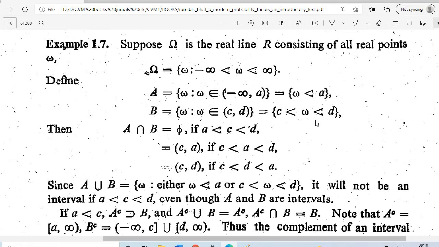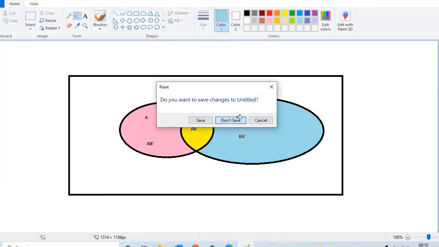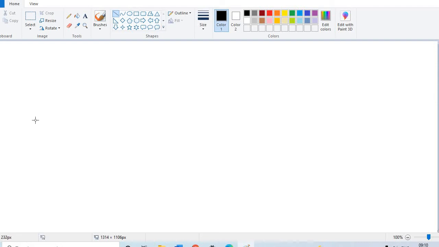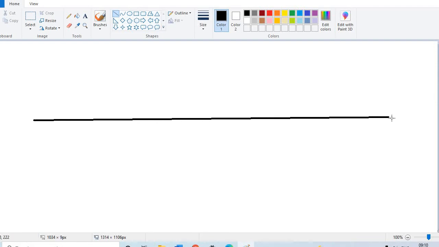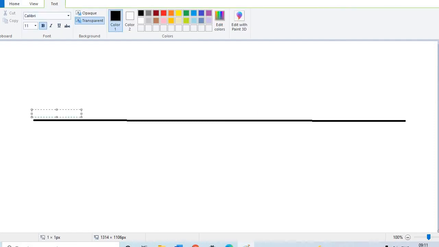Okay, now consider some subsets. A is nothing but the set of omega such that omega belongs to minus infinity to a. So I will draw that figure. What we discuss today are fundamental things; you need to read them from many books and understand them. This is minus infinity, and this right side is plus infinity.